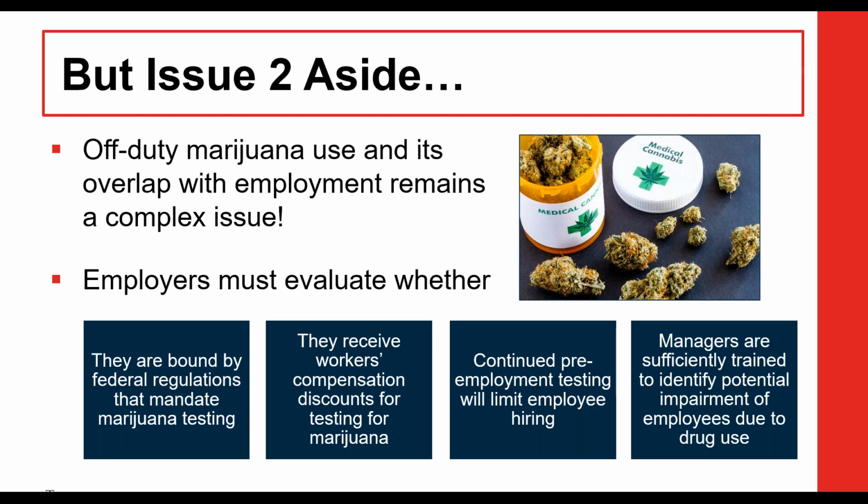And perhaps most crucially, are our managers and HR personnel sufficiently trained to implement what is written in our drug-free workplace policy or in our other policies related to reasonable suspicion testing, pre-employment testing, and things of that nature, so we can make sure we avoid any problems by treating everyone consistently under our policies, state by state.